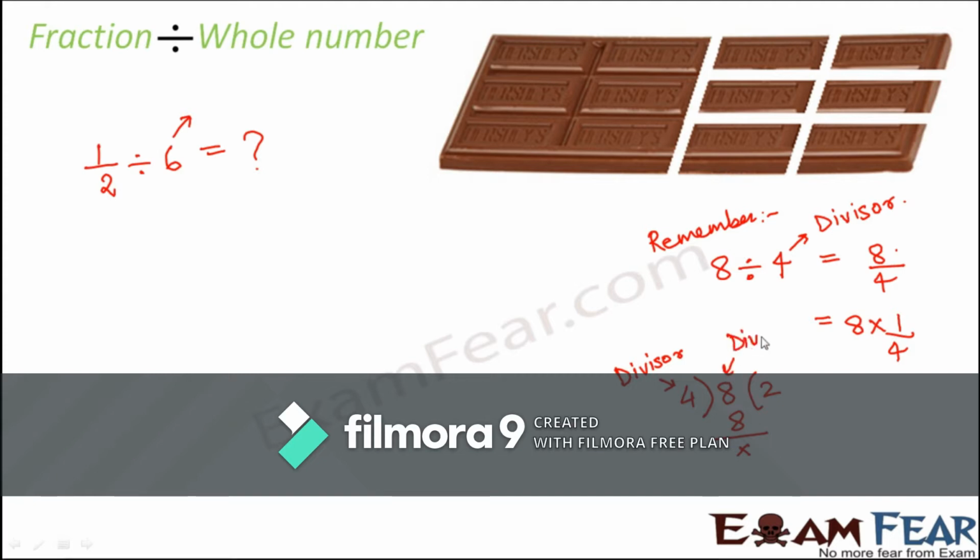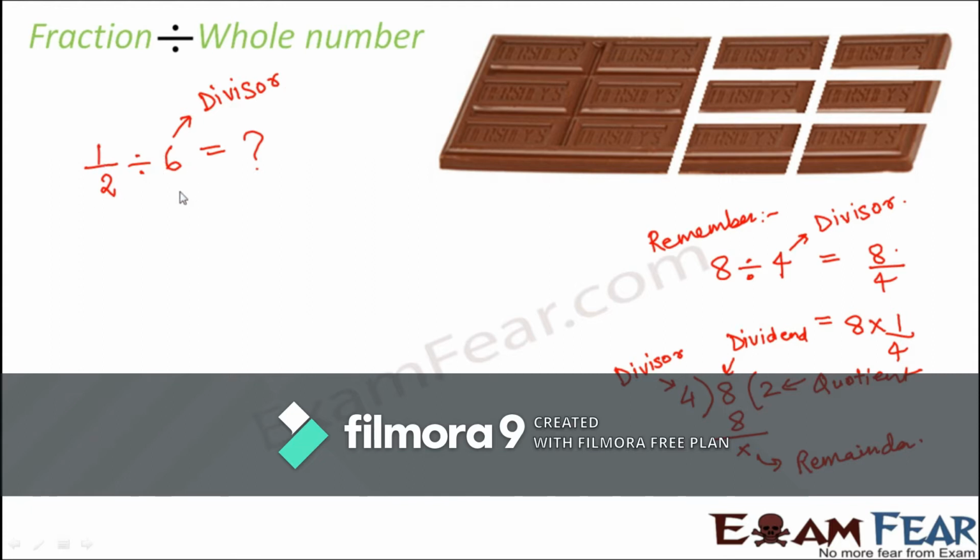This number which is getting divided is called the dividend. This number which you get here is the quotient, and this balance that you get here is the remainder. So these are the important terms. So here in division of fractions, the divisor plays an important role. Here 6 is the divisor.